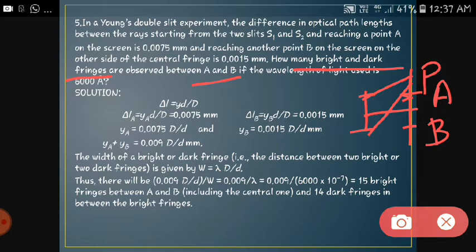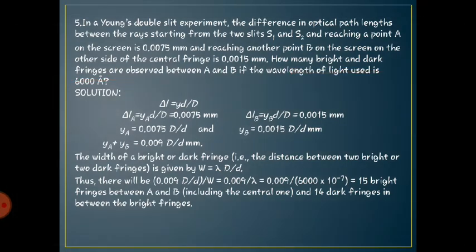So we are going to find how many dark and bright fringes are there between A and B. In the upper part it is darker and in the lower part it is brighter. That we are going to consider.